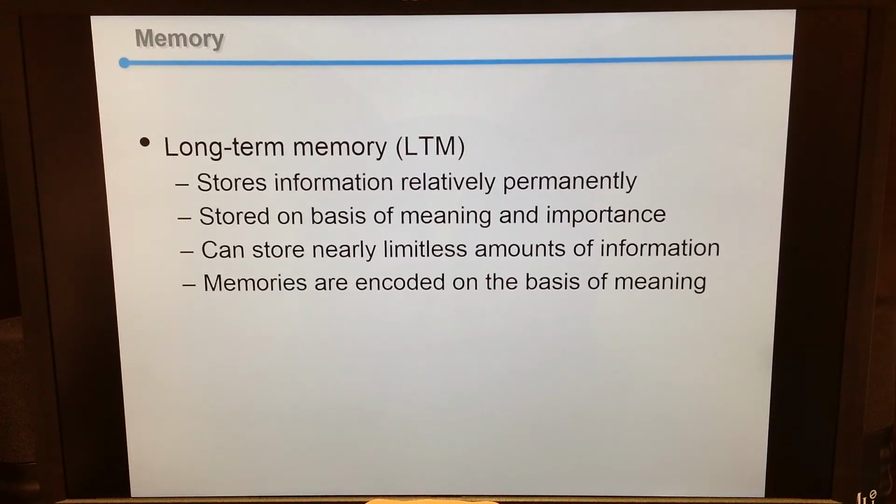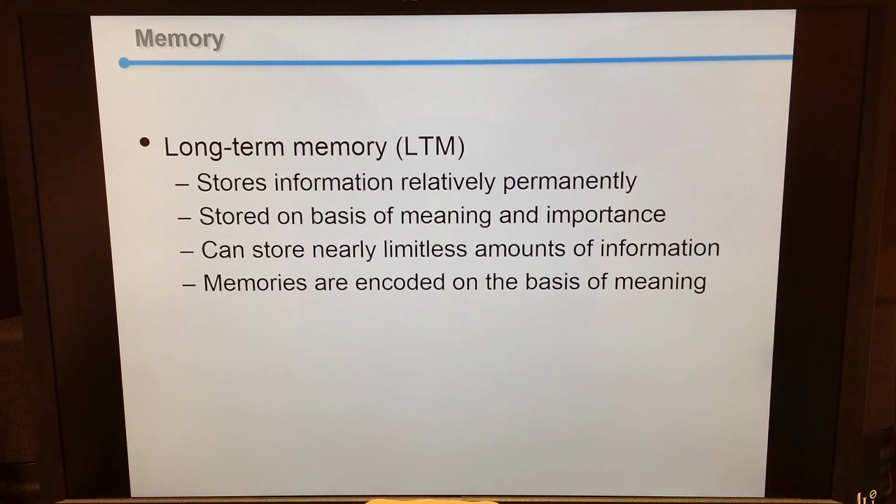Long-term memory is stored on a basis of meaning and importance, and our memories are encoded on the basis of meaning. With short-term memory, we just recite something over and over again until we can retain it long enough, say for a test. And then once we've been able to write that information down, we forget about it.